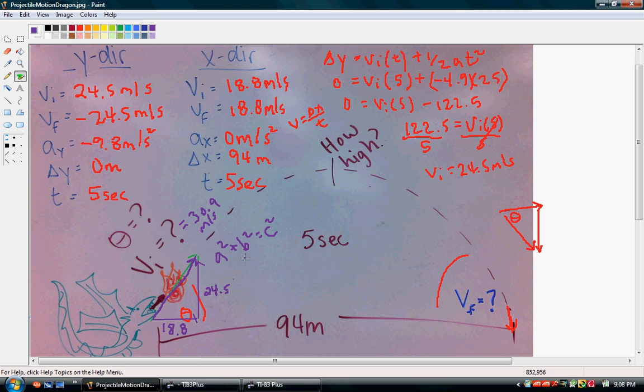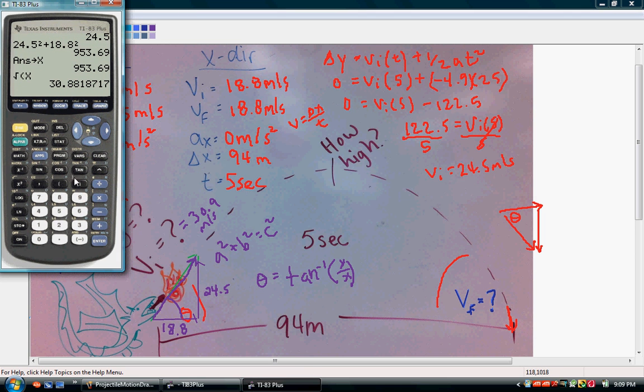And at what angle? Well, when we want theta and we know our sides, we use the inverse of a trigonometric function. When we have our opposite and adjacent side, we'll use the inverse of tangent. Inverse tangent of y over x, where our y was 24.5 and our x was 18.8. So inverse tangent of 24.5 over 18.8.